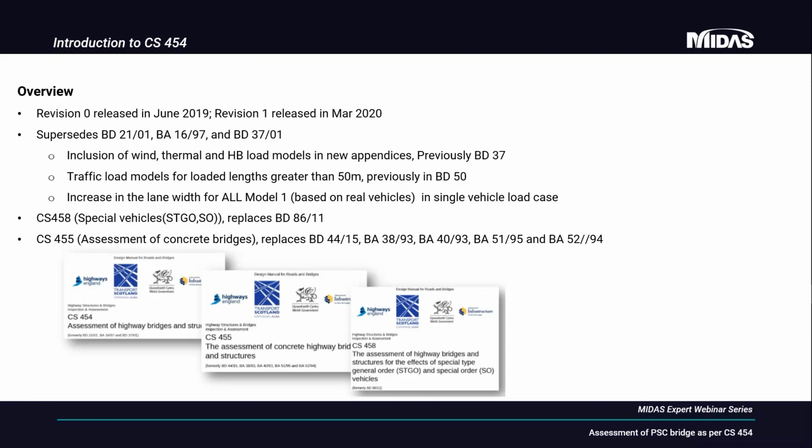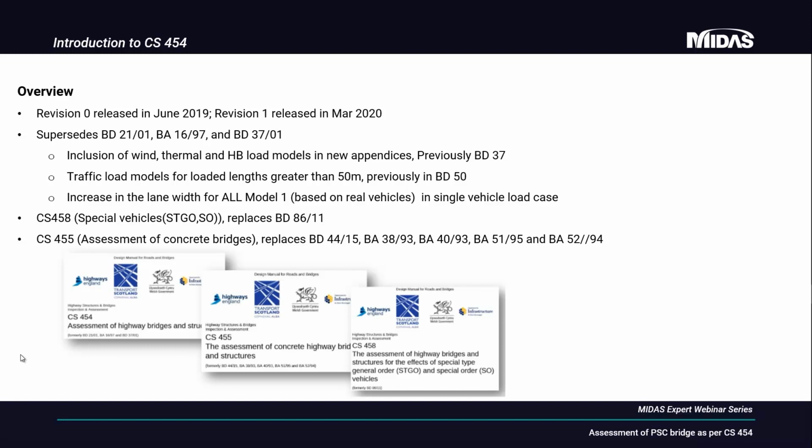And CS 455 is for assessment of concrete bridges, which replaces BD 44/15, BD 38/93, and the other codes mentioned here. So with all these changes, MIDAS Civil has newly implemented these standards for assessment of structures.